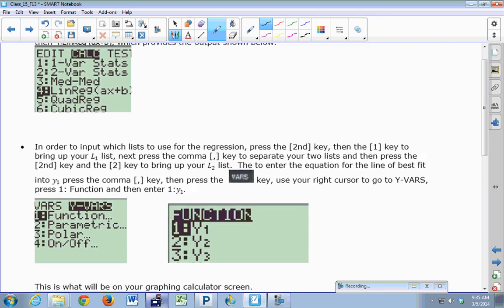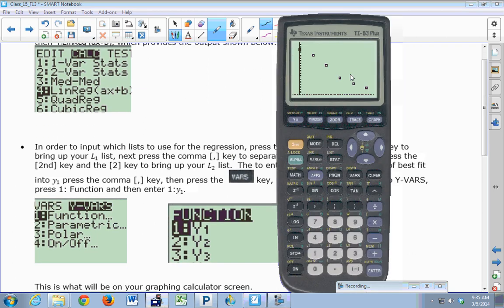And now what I want to do is come up with my equation for the line of best fit. Give me that equation. And this has a series of steps here. Again, they're all written down. You'll get used to it if you do this 4 or 5, 6 times, which you will be doing. So don't worry about it, okay? So I want to get my linear regression. I hit stat. I go over to calc, to calculate my linear regression line.